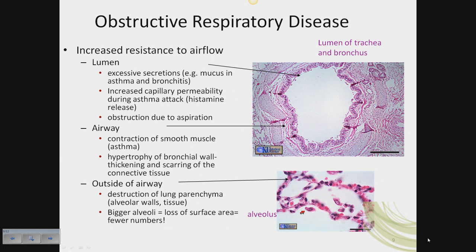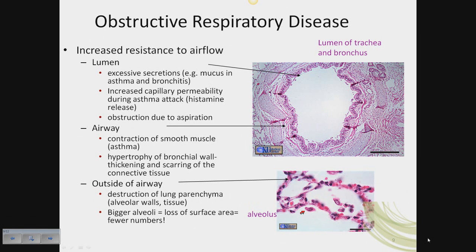It can be from increased resistance to airflow inside the lumen. It can be from outside the air passageway, or it could be because of the actual air passageway itself, not the lumen, but the actual tube. So I'm going to go through all of this.